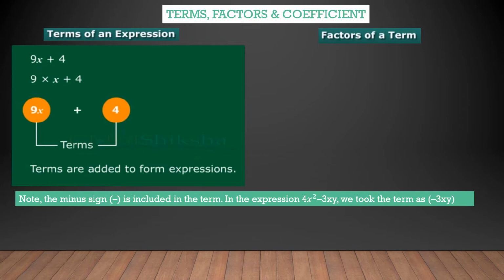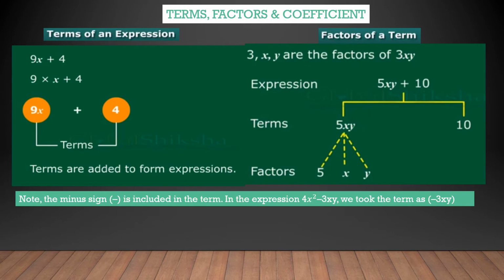Next is factors of a term. 3xy is a term. Which are the factors? The factors of the term 3xy are 3x and y. Another expression, 5xy plus 10. This expression has two terms: 5xy is the first term and 10 is the second term.